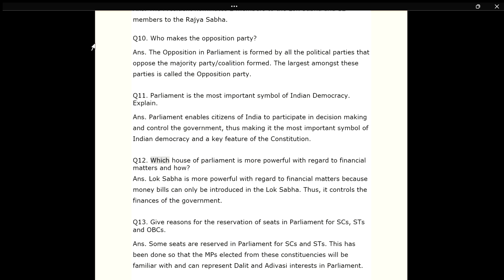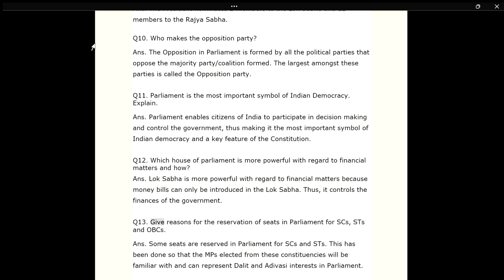Q12. Which House of Parliament is more powerful with regard to financial matters and how? Ans. Lok Sabha is more powerful with regard to financial matters because money bills can only be introduced in the Lok Sabha. Thus, it controls the finances of the government.